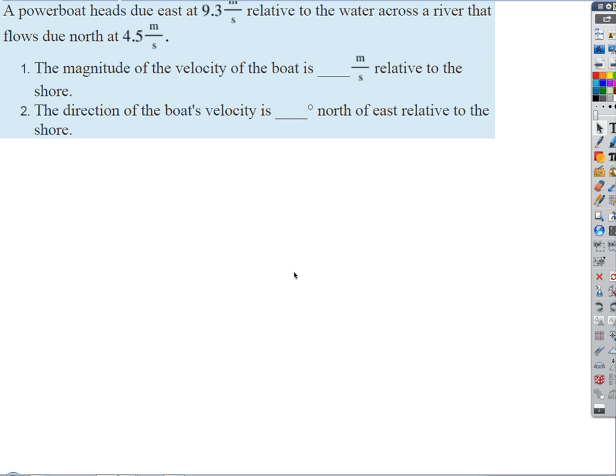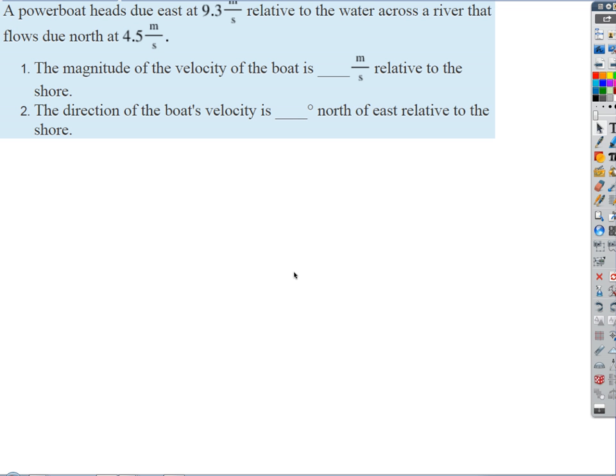It's going to go at an angle, isn't it? Because it's going relative to the water due east, but then the water's carrying it north at the same time, right? So if I wanted to find the resultant velocity of this, the actual velocity relative to the shore or to, like, a stationary bridge above the river, I've got to add up those velocities. They're vectors, so I've got to add them up as vectors, right?